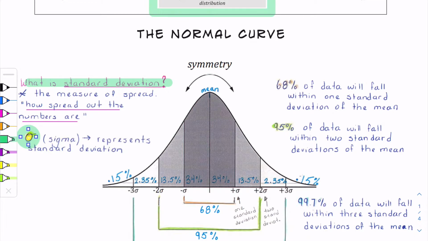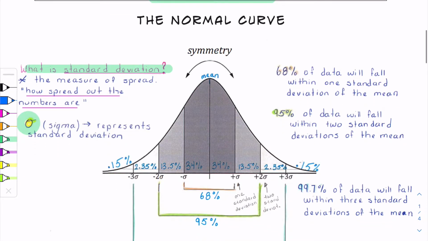It looks like an O or a circle with a little tail on the top. It's called sigma. It's a Greek symbol, and it represents standard deviation. So once again, when we go through the next few examples, you'll see how this is going to apply to the normal curve. Right now, we're just talking about the key aspects of it.